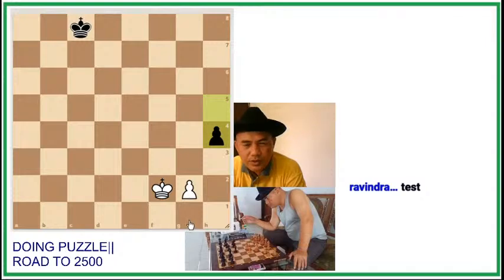Now the only way for white to win this is to get his king to g1. This is an exclamation mark. You could move for white.